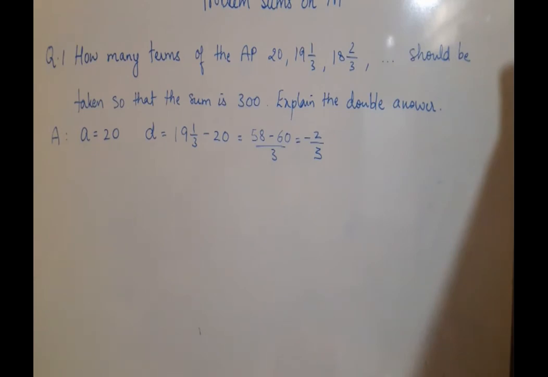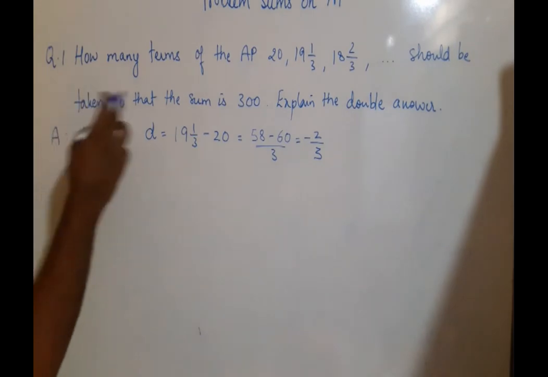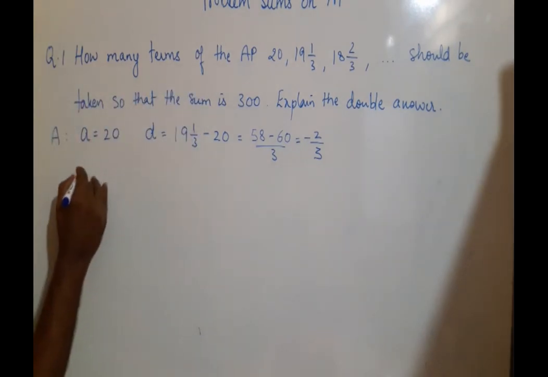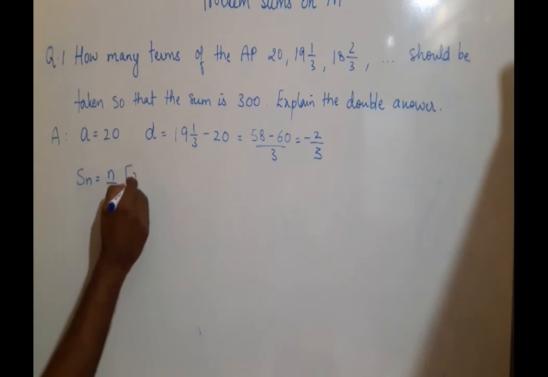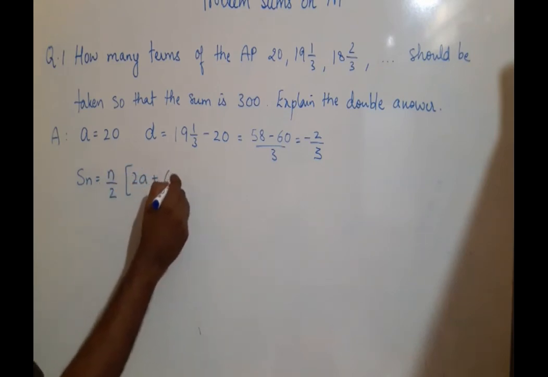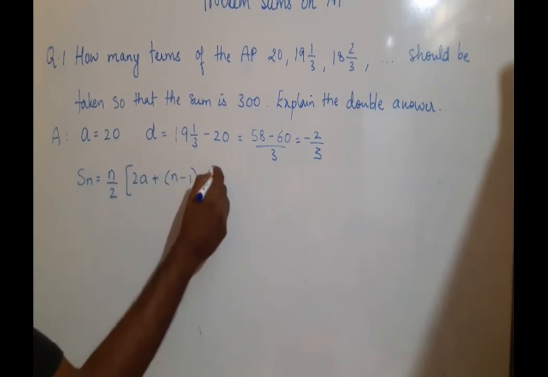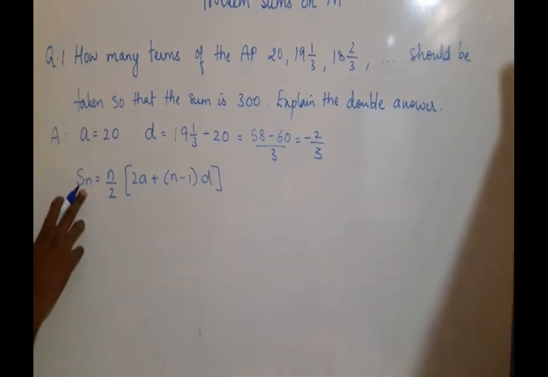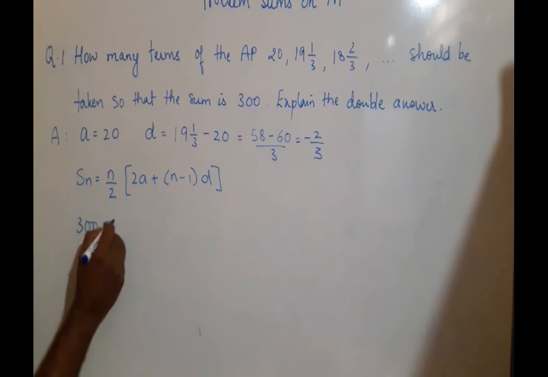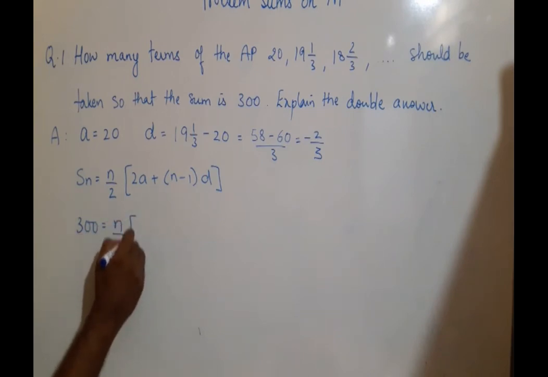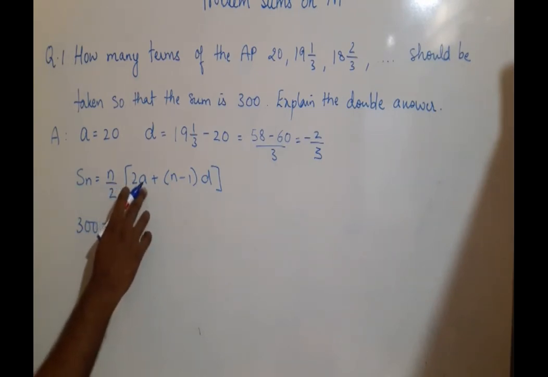Now the formula for the sum, Sn equal to n by 2, 2a plus (n minus 1)d. The sum given is 300. So 300 equal to n upon 2 bracket 2a.